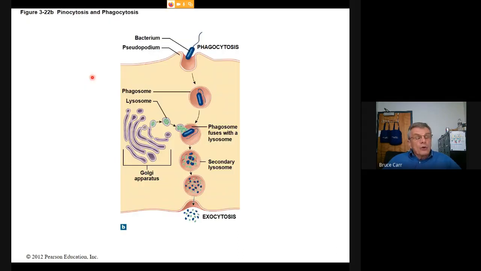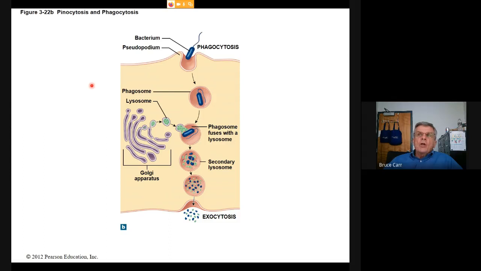We know from microorganisms, what we call pinocytosis or phagocytosis, that vesicles could be active for that single-celled organism in eating or drinking.